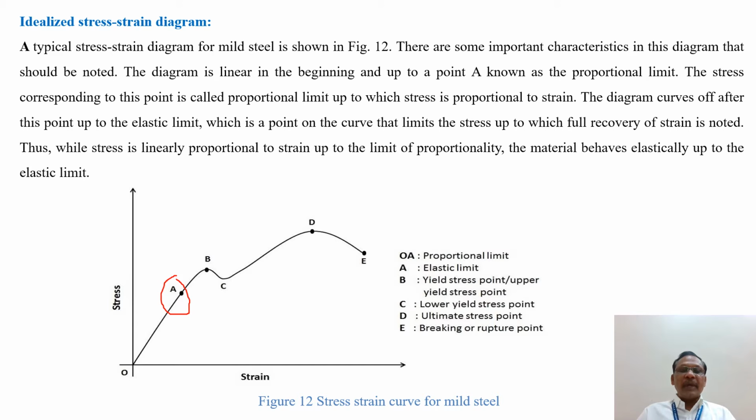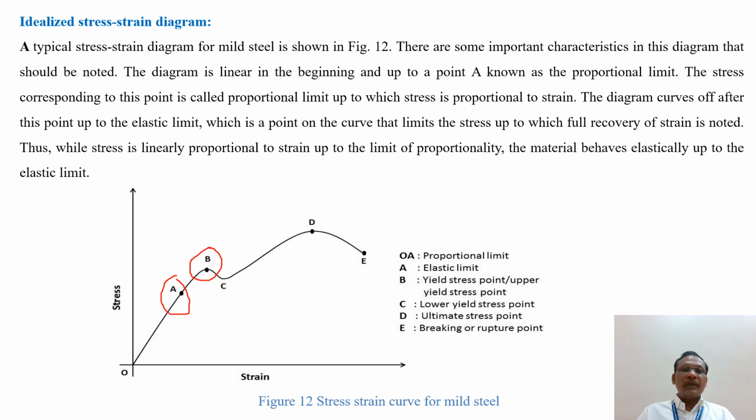Then if you apply more force on this member, we'll get point B. It is known as the upper yield point. When you again apply the tensile force, suddenly there is a fall in the force, and after that the bar is taking a force.